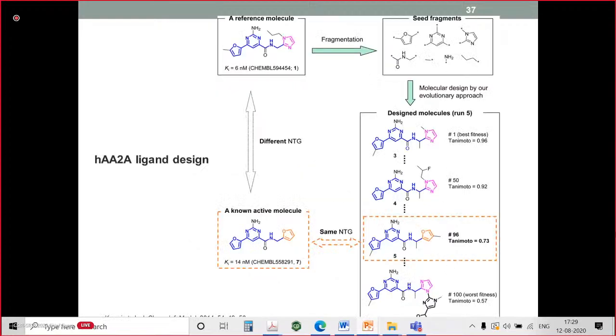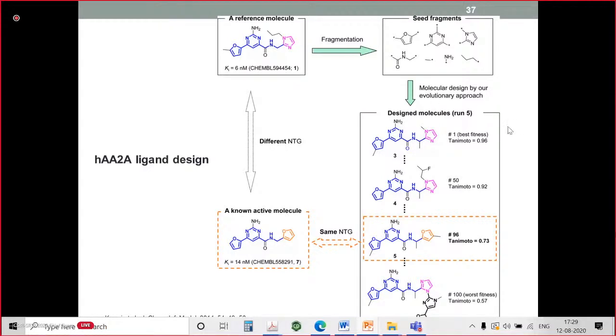So this is one of the examples of ligand design using the fragment-based drug design approach, where one molecule is selected as the reference molecule from the Cambridge library, and that is fragmented into seed fragments. Then the molecular evolutionary approach is used.